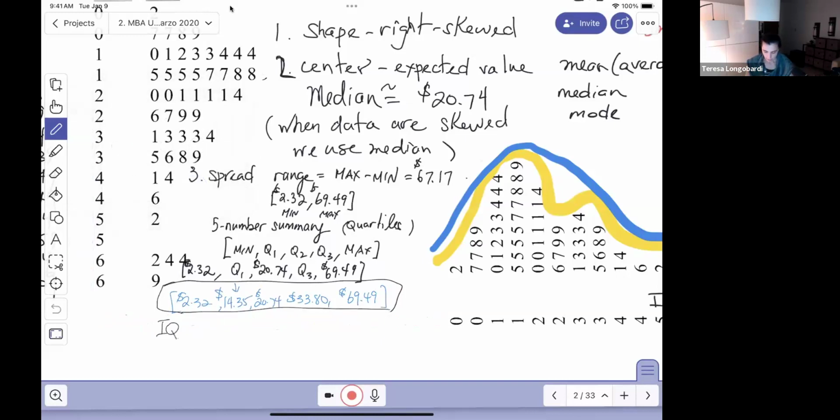The IQR is known as the interquartile range, and it is calculated as Q3 minus Q1. How many observations are between Q3 and Q1?